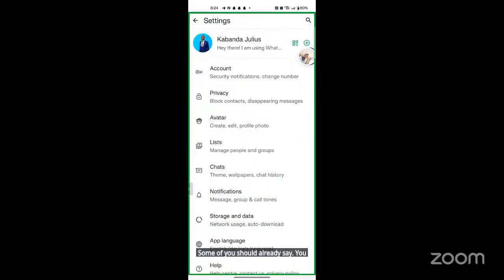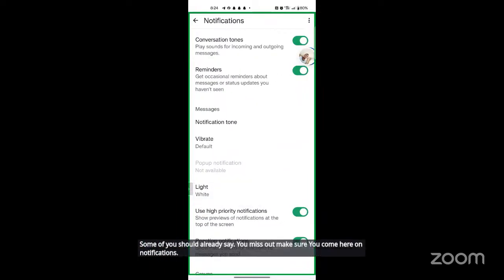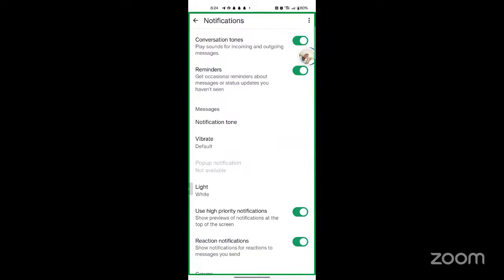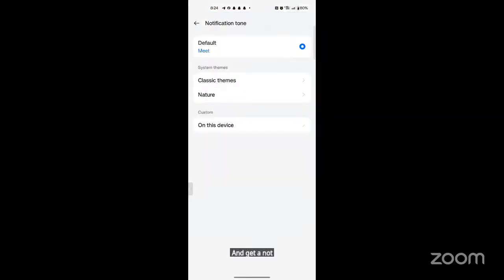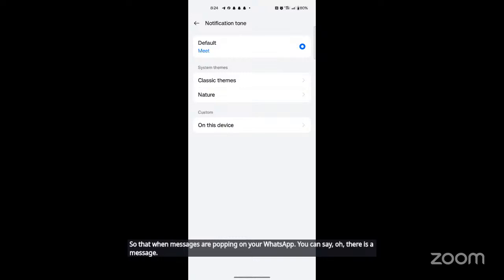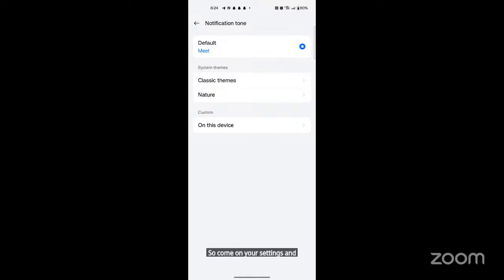Make sure you come here on notifications and get a notification whenever there happens a message. Does that make sense? So that when messages are popping on your WhatsApp, you can say, oh, there is a message. So come on your settings and put on a notification. This helps me so much when I'm doing my business.